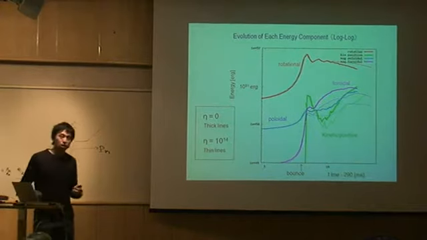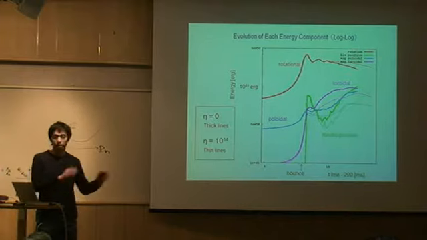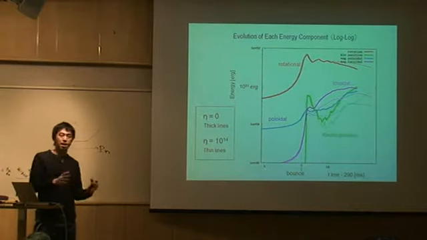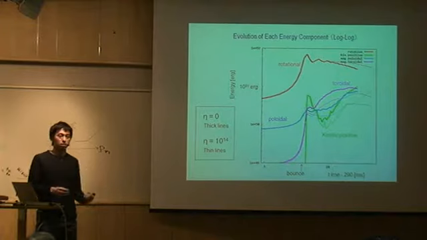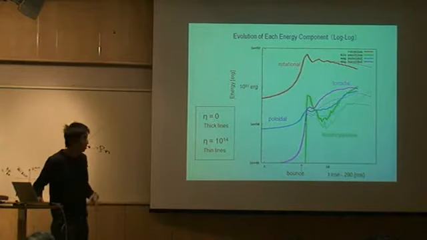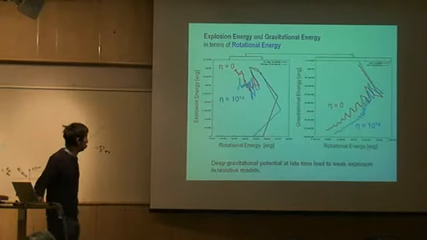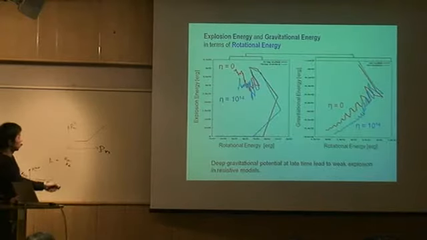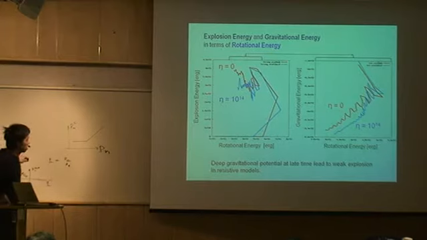Then you may think that when they have the same remaining rotational energy, they have the same explosion energy. But this statement is wrong. This left figure shows the time evolution of explosion energy in the context of rotational energy.